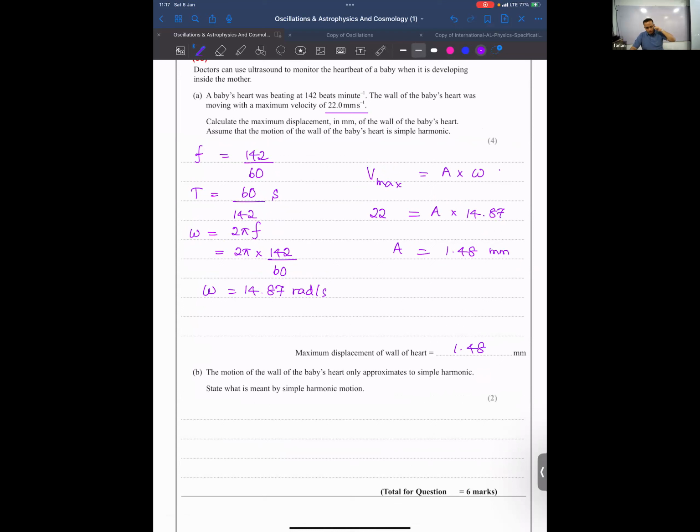The motion of the wall of the baby's heart only approximates to simple harmonic. State what is meant by simple harmonic motion. So 2 marker, right?